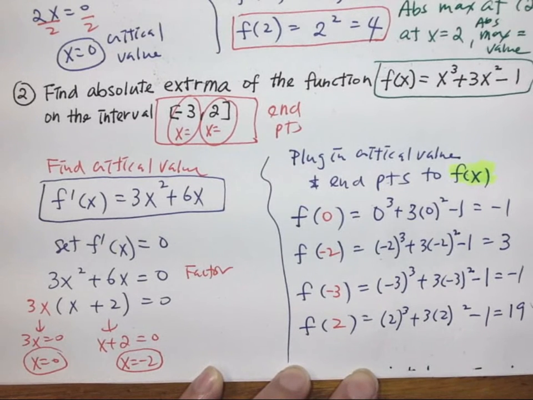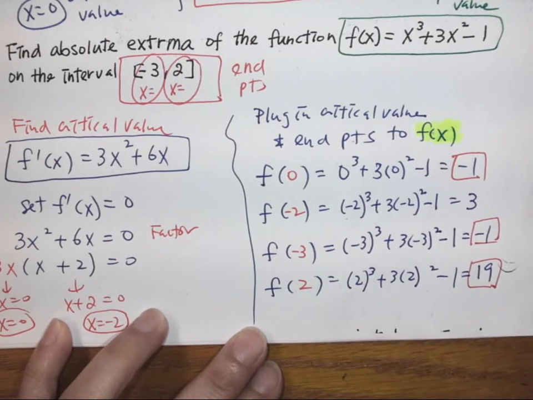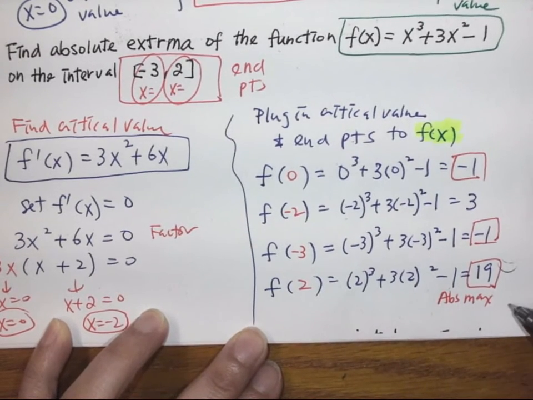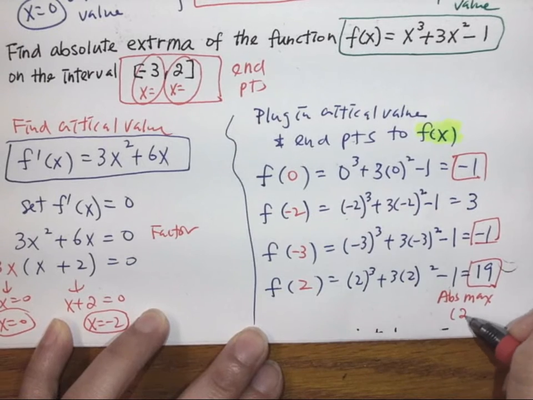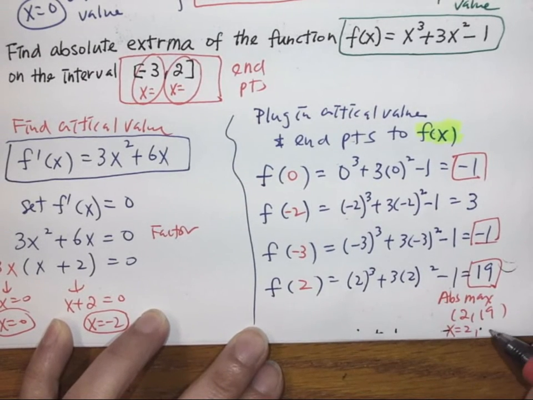All right, so the smallest number we got is -1 and also another -1 here. The biggest one is 19, right? So I can say my absolute maximum point is going to be (2, 19), which means x equal to 2, and the absolute max value is 19.